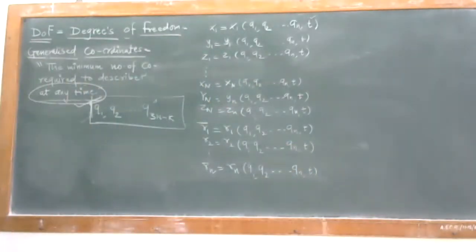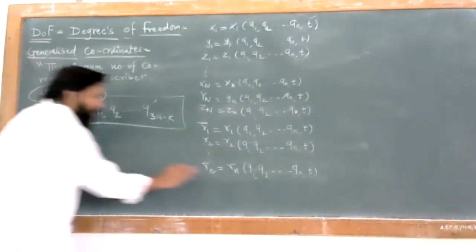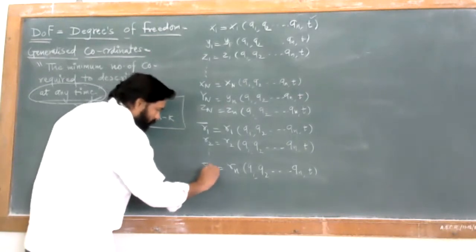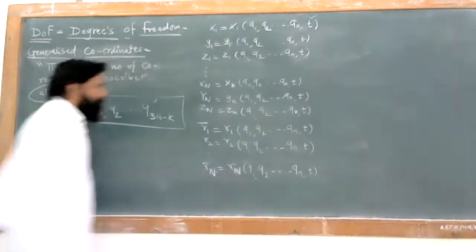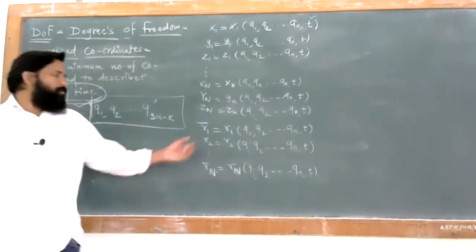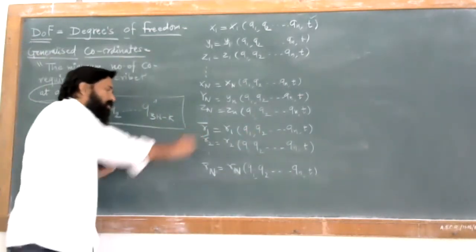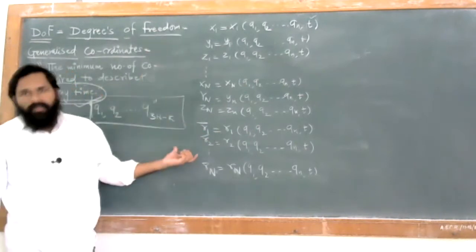So you can express all these coordinates, not small n, I will write capital N. So I can express all our positions in terms of your generalized coordinates.